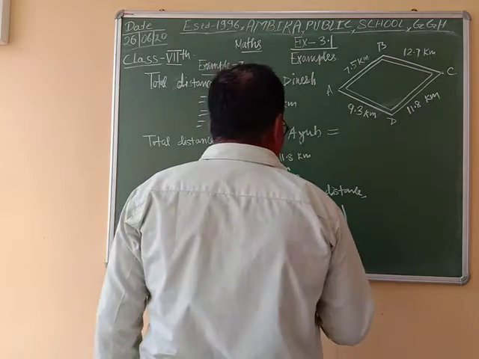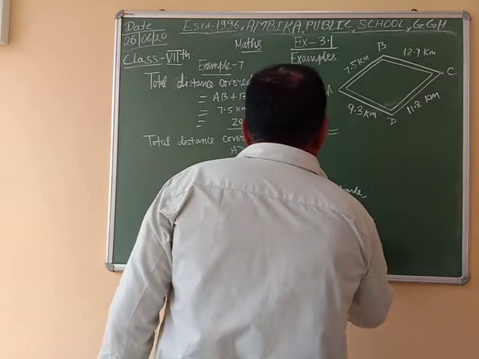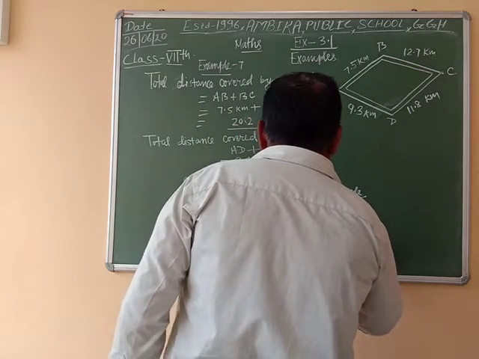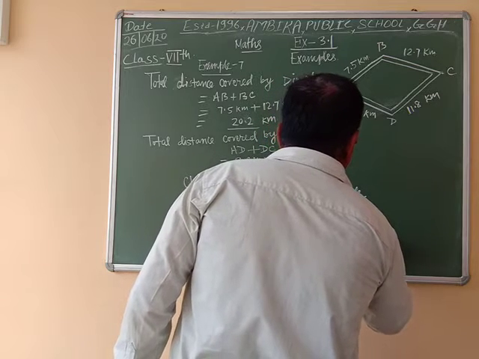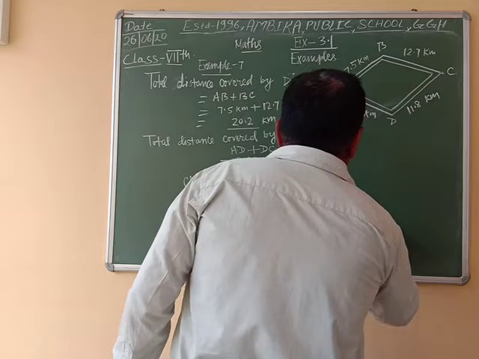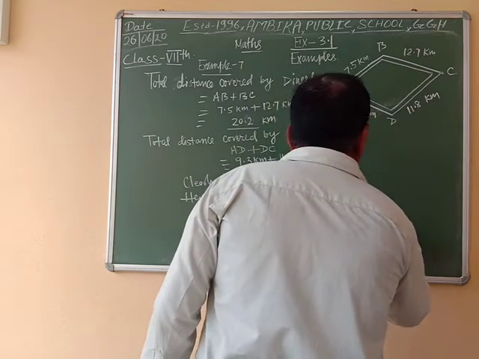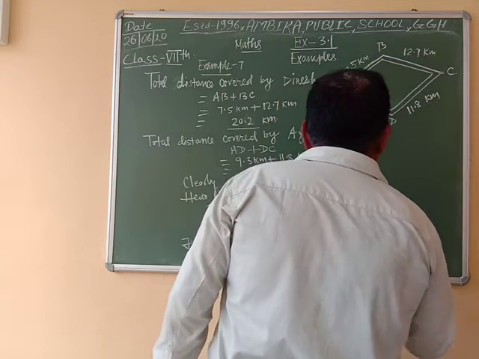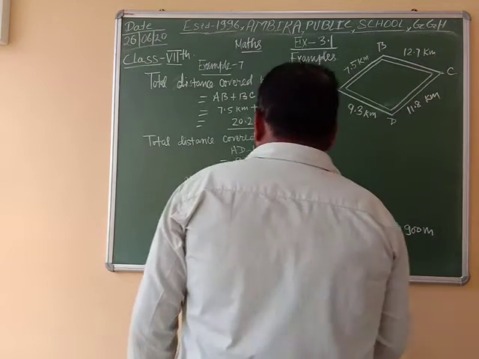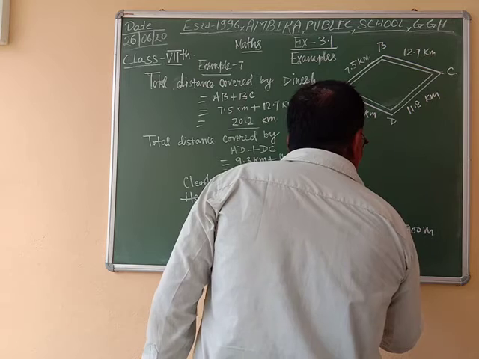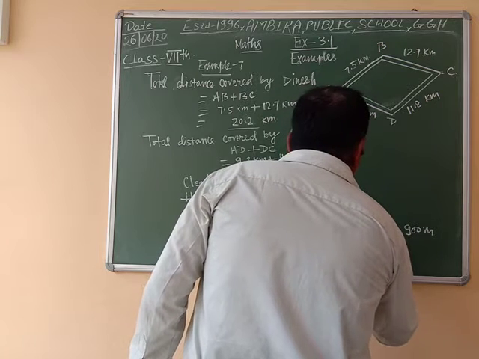Change into meter, we multiply by 1000, 0.9 kilometer is equal to 900 meter. Therefore Ayub traveled 900 meter more.